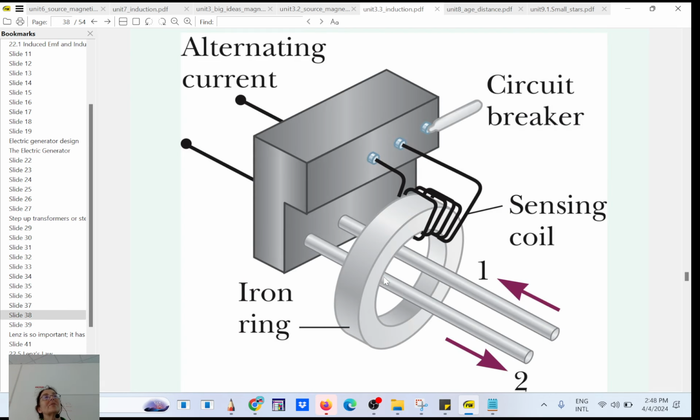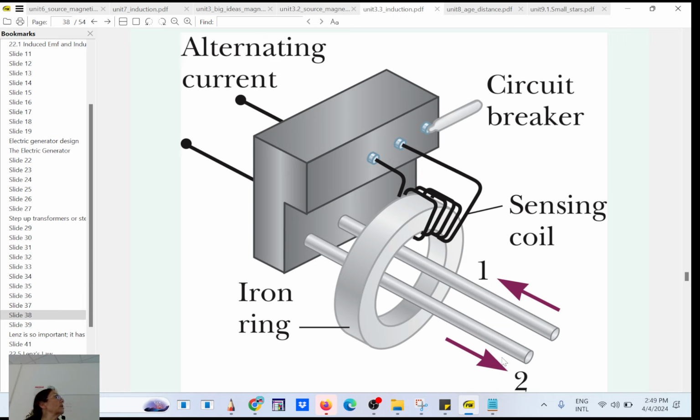Okay, here is another very nice application. You have some safety here that you can add to the outlet. So you see here, when the current I1 equals current I2, one is going in, the other is coming out, so they're going to cancel each other, right?